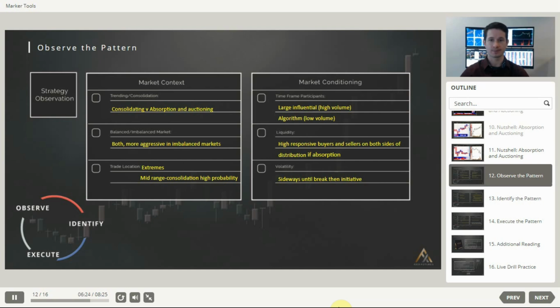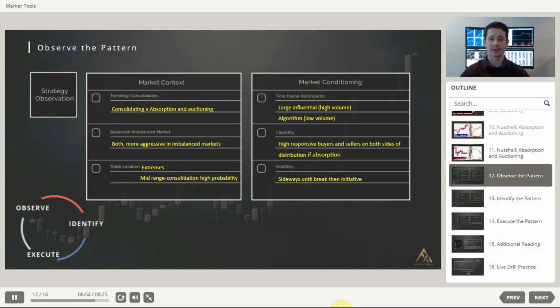The major difference: large influential participants can influence price, create initiative, and hold directional moves, whereas speculative and algorithmic participants, given the rules they trade by and the strategies they employ, tend not to hold on to positions as long, and they're far quicker to unwind those positions as well. So always make sure you're referencing which time frame participants are ultimately creating the market condition.